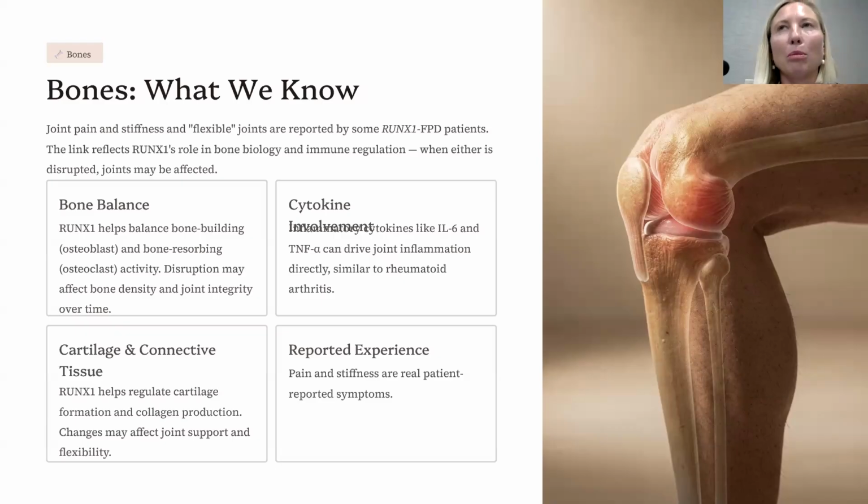And so the most important thing is, if you are feeling like this is something that you're struggling with, please go seek medical attention. It's really important, especially your joints, because if it is an inflammatory process, then there are ways to treat that.